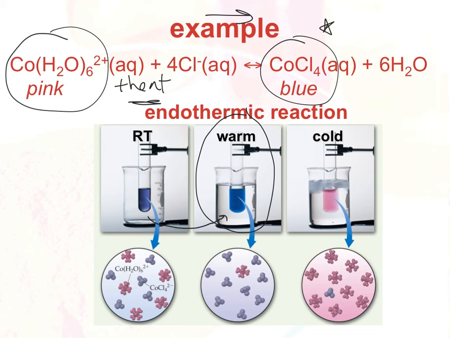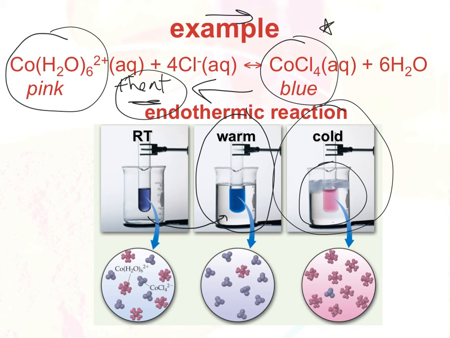Following the same thought process, if I cool this reaction, I'm removing heat, which is a reactant. In this case, my equilibrium is going to shift to the left towards the pink cobalt water complex, and subsequently we see the production of a pink solution.